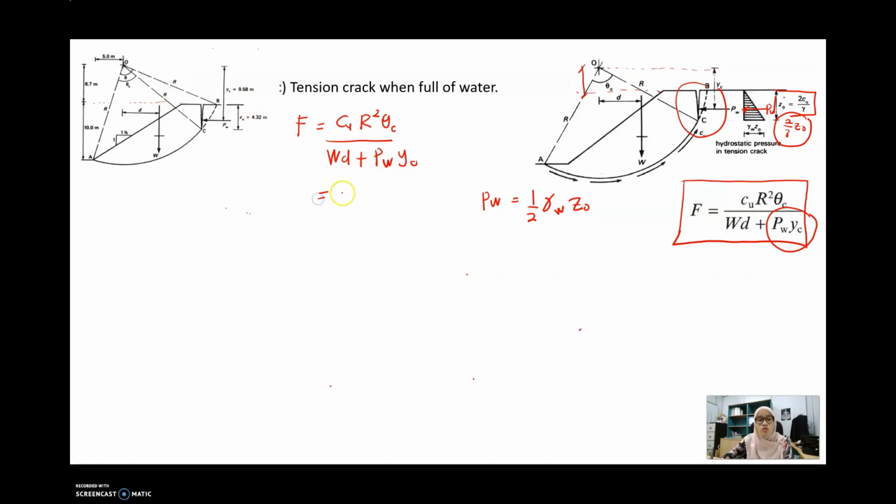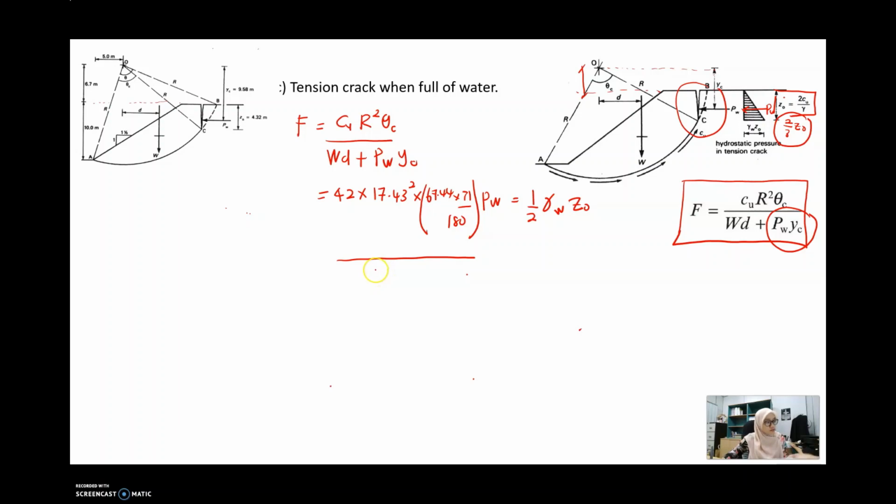Okay, the Cu, you are using 42 times 17.43 power of 2 times the theta C, which should be in radian, pi divided by 180. And then divide by our WD from the previous.